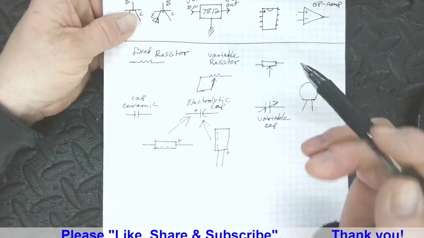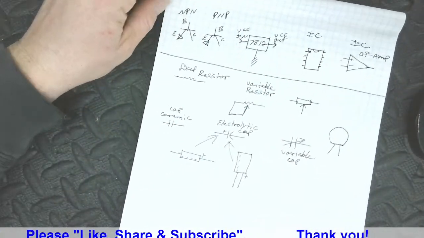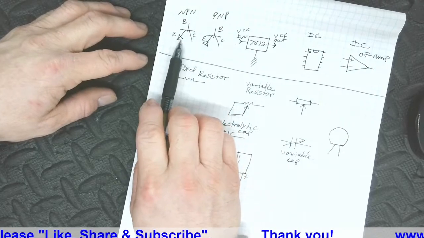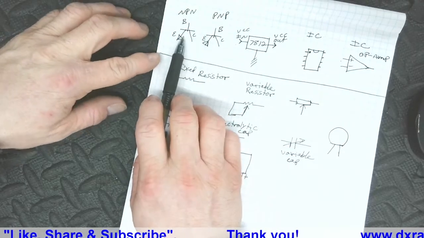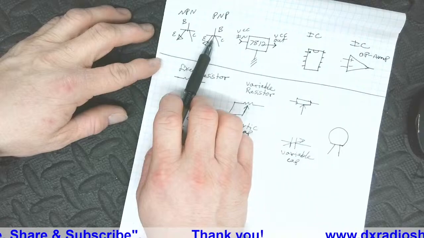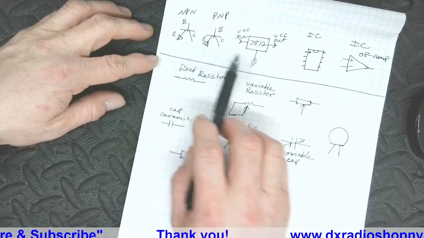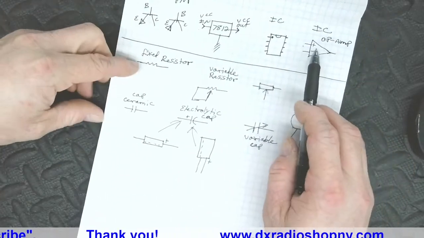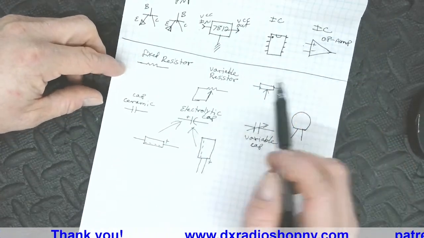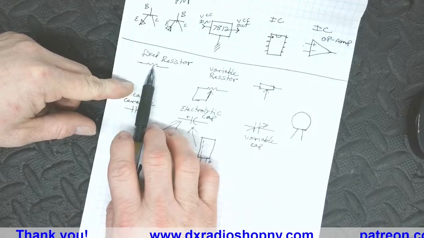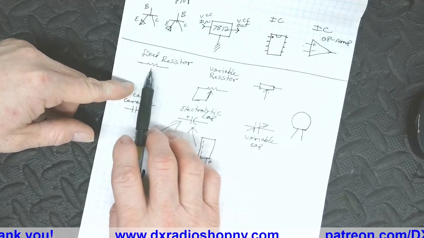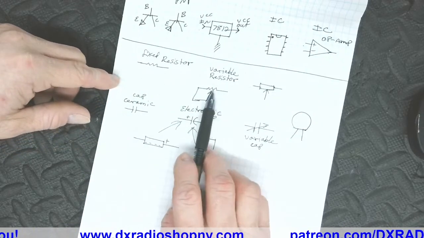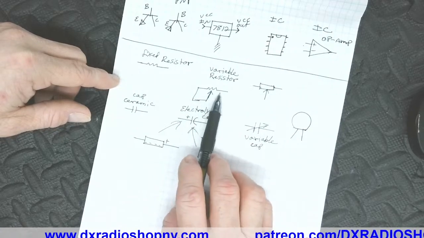So when you actually read a schematic, you can see the symbol and say, okay, I see this. The arrow's pointed away, that has to be an NPN transistor. This has the arrow pointed in, it has to be a PNP transistor. I see this on the print, it's got to be some kind of op amp, whether single or dual. I see just one squiggly line, that's got to be a fixed resistor, which means current goes both ways. This here would be a variable resistance.